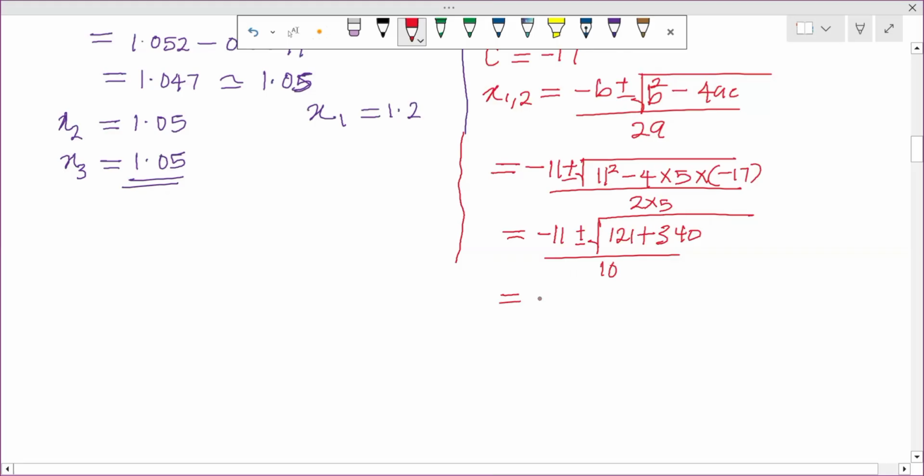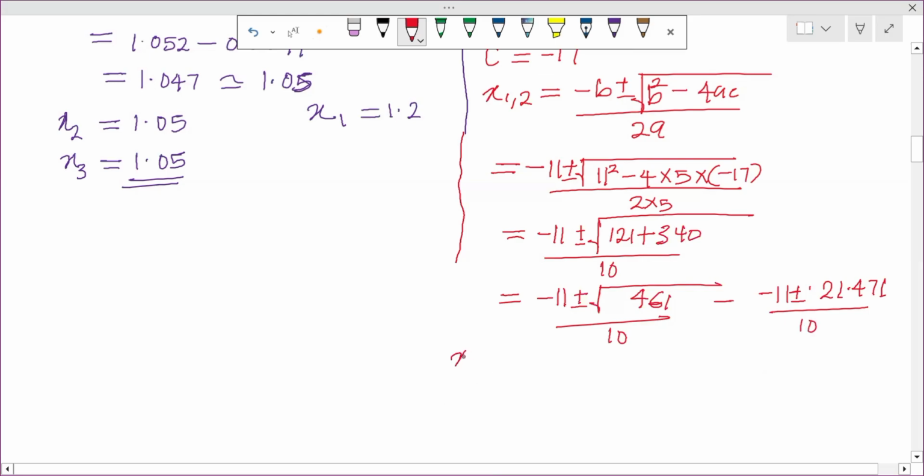So minus 11 plus or minus root of 121 plus 340, so we're going to have root of 461 all over 10. This will be minus 11 plus or minus root of 461, which gives us 21.471, let's leave it like this, all over 10.